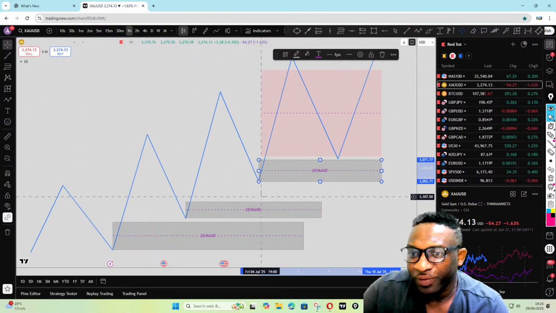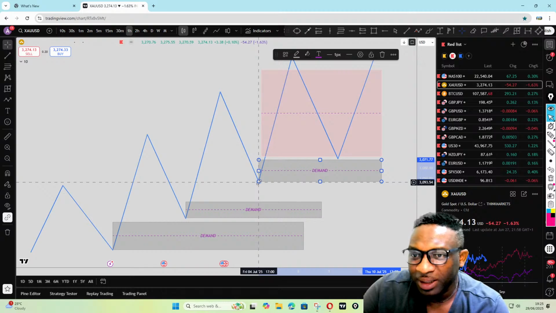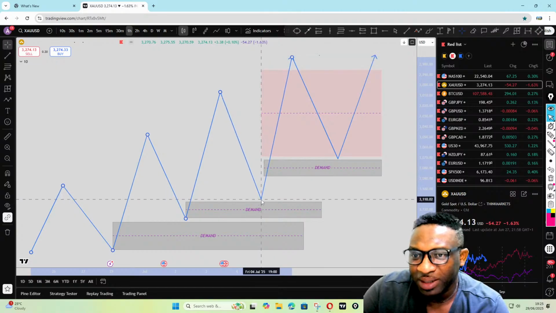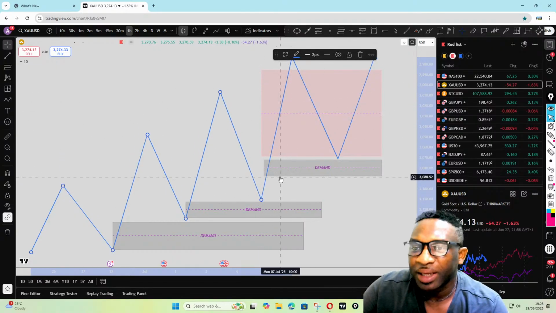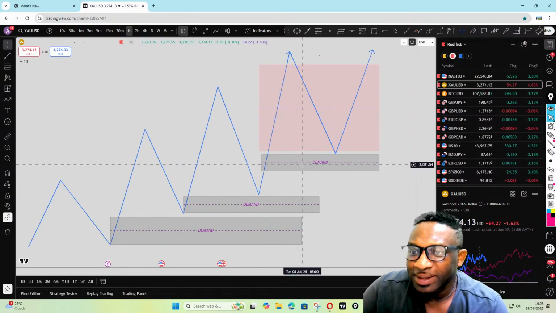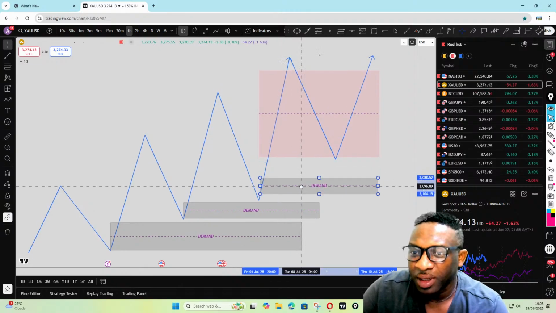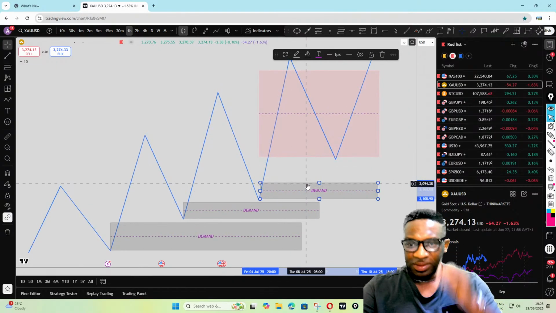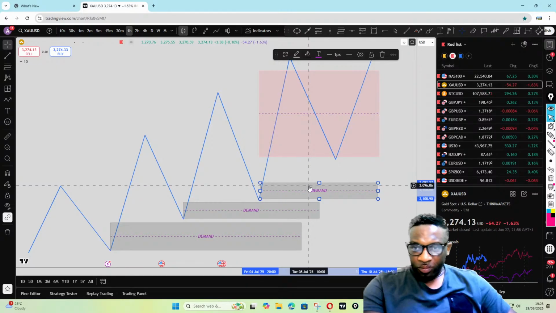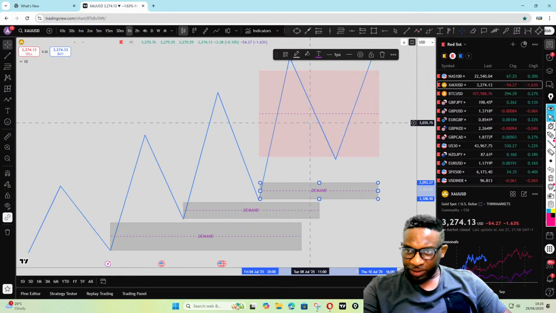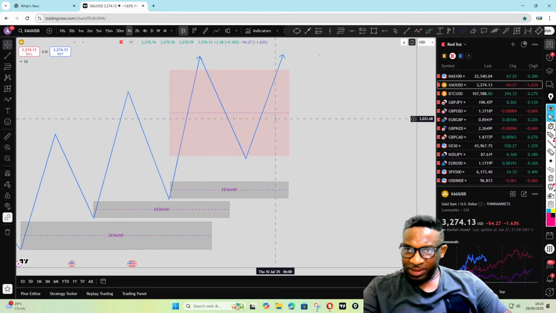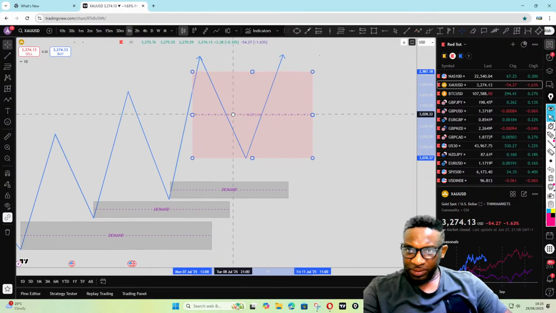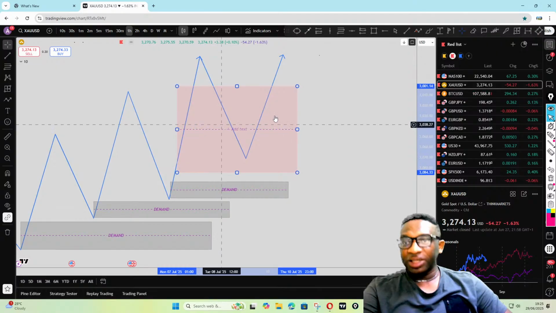This move will normally come back and trade into that area of imbalance, filling it before moving away again. So that's how I believe imbalances work, and I believe this makes a lot of sense with this explanation.